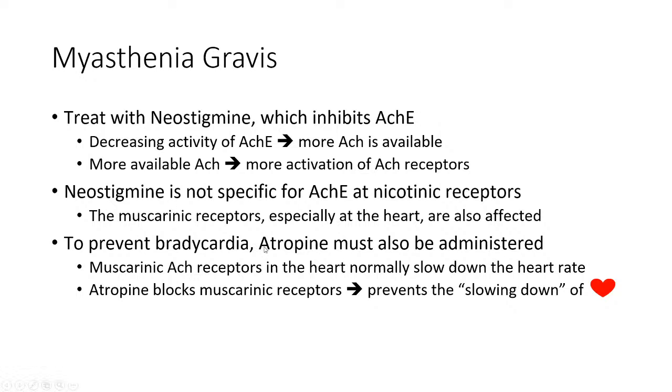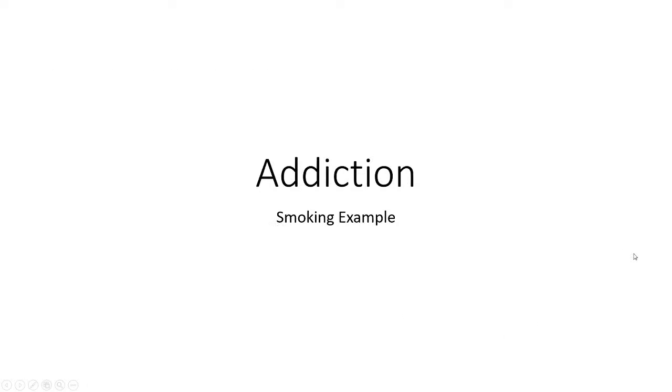So to prevent the bradycardia, the atropine must also be administered because atropine blocks the receptors in the heart, which prevents the slowing down of the heart. It's kind of counterintuitive. Normally, muscarinic receptors in the heart are stimulated to slow down the heart. Atropine blocks those receptors and keeps them from getting stimulated. Sorry, it's kind of backwards and counterintuitive.